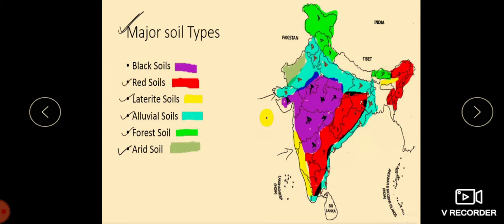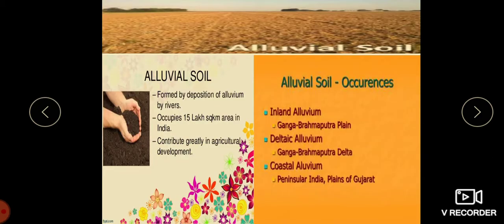Now let us study one by one the soils of our country. First we have alluvial soil. How is alluvial soil formed? Can anyone tell me? Yes, the rivers while flowing through mountains erode the rocks.